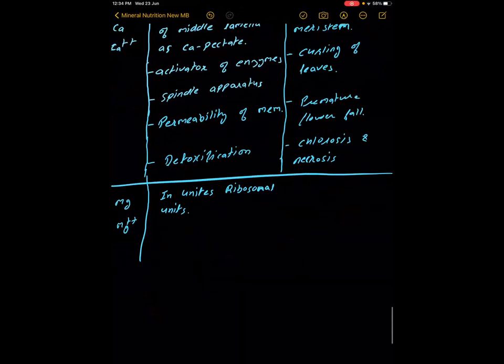It is essential here. Second, formation of chlorophyll. Without this, no formation of chlorophyll. It is the central atom, central metal.